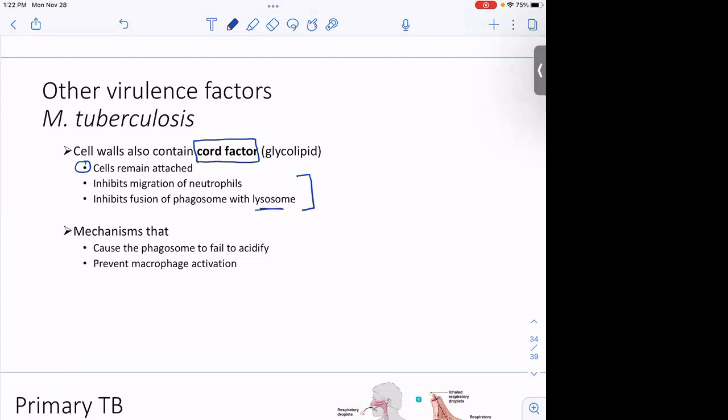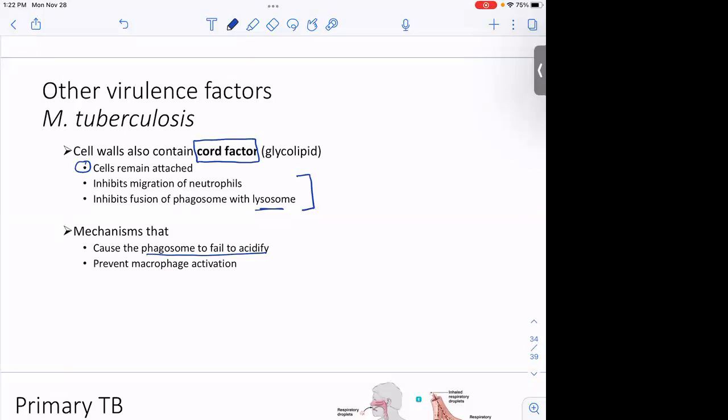And there are other things that Mycobacterium can do that just make them more successful in living in that macrophage. Things like causing the phagosome to fail to acidify.